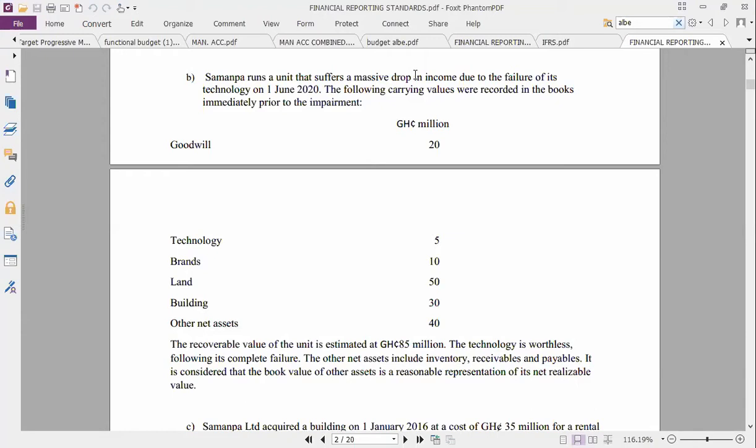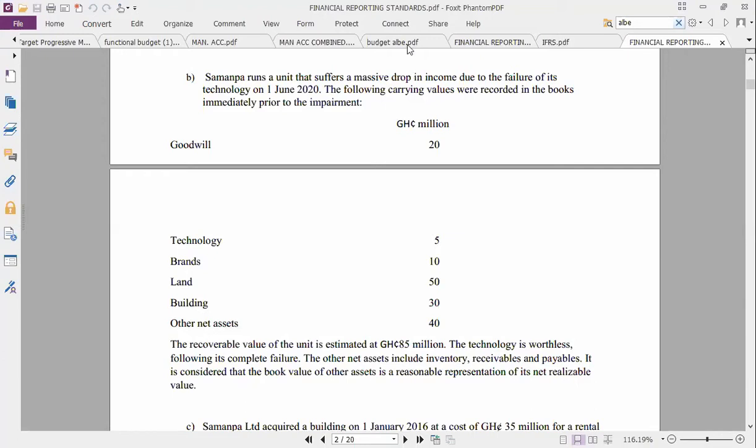So that's an indication. The examiner will cite something that suggests they are going to lose something, and based on it, you test for the impairment. Step two, you have to tell me the carrying amount. Step three, recoverable amount. And then finally, we test and see whether there's impairment.